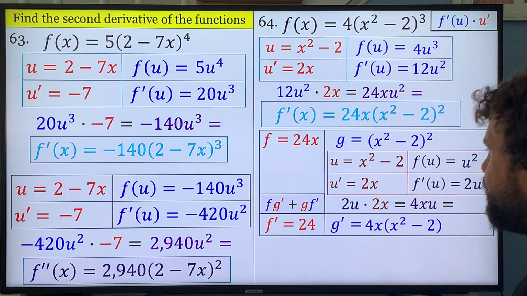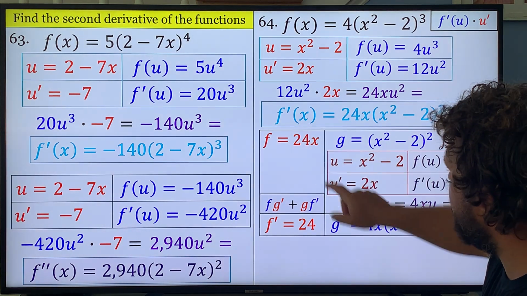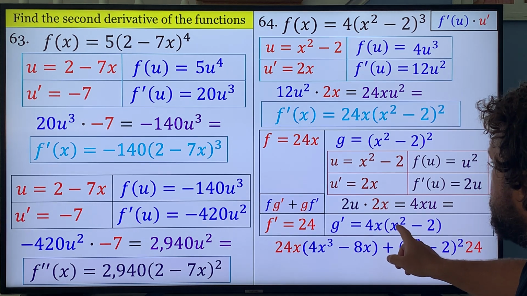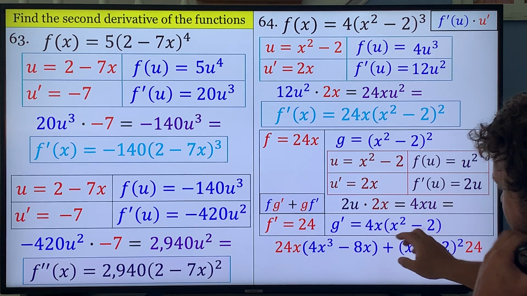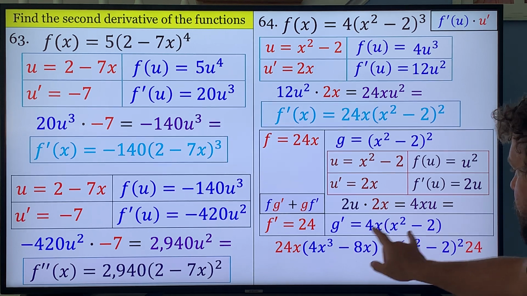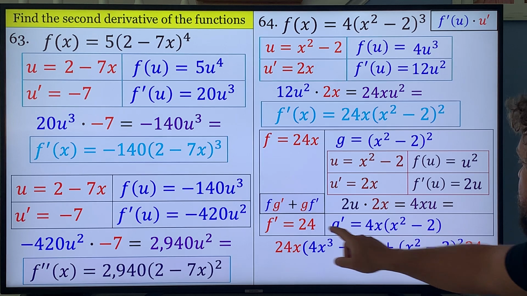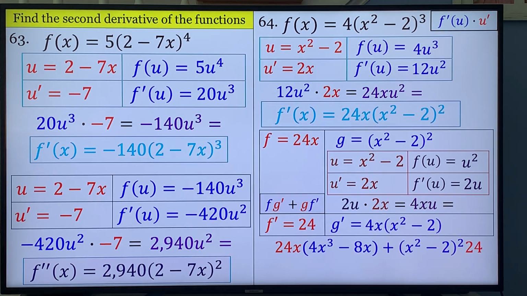Is that really that bad? 24x times 4x. Sweet. 24x times 4x cubed minus 8x. I just distributed this in there. That's where this and this are the same. Plus x squared minus 2 squared times 24. Right?